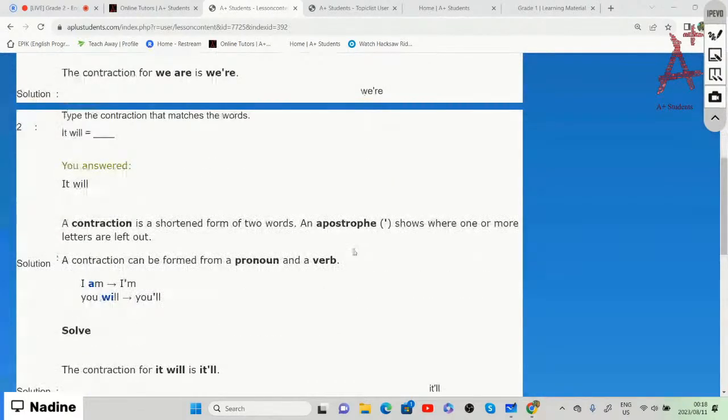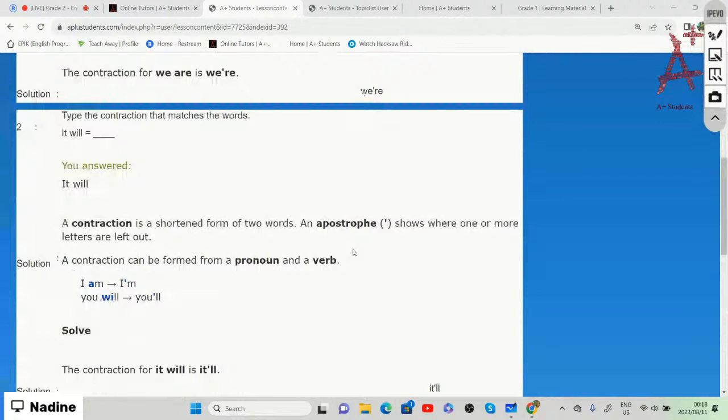It will. We need to type the contraction that matches the word.